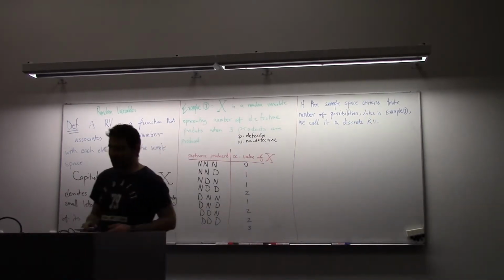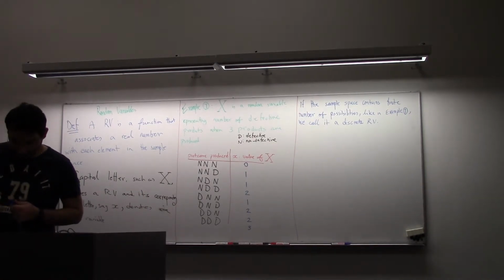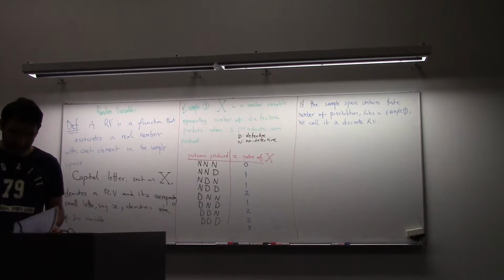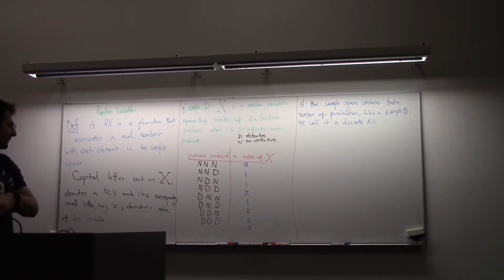This random variable is a discrete random variable, because it has a discrete sample space, right?